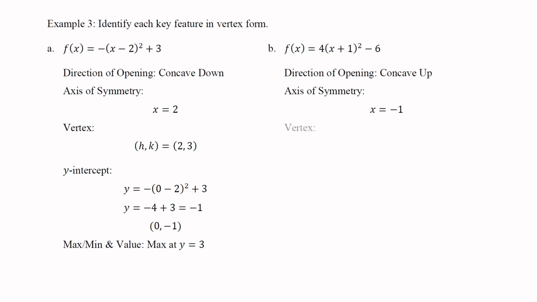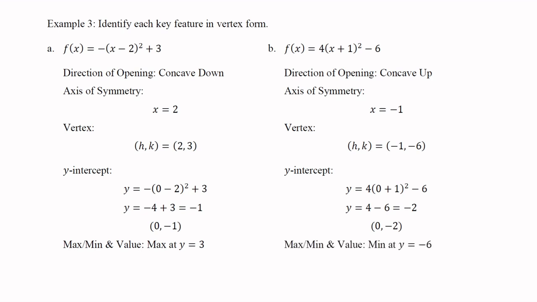The vertex is negative 1, negative 6. That's just your h and k value. The y-intercept you get by plugging in 0 for x and solving to get the y value, so it's 0, negative 2. And since we're concave up, we have a minimum at y equals negative 6. Again, that negative 6 is coming from the y value of your vertex.